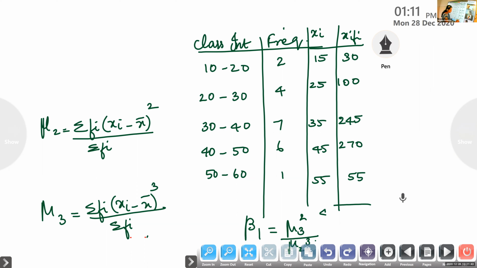Now find out what is sigma fi xi, and here you find sigma fi. So calculate x bar. What is x bar?